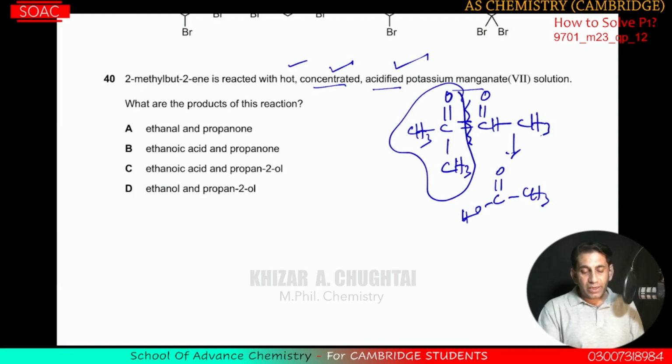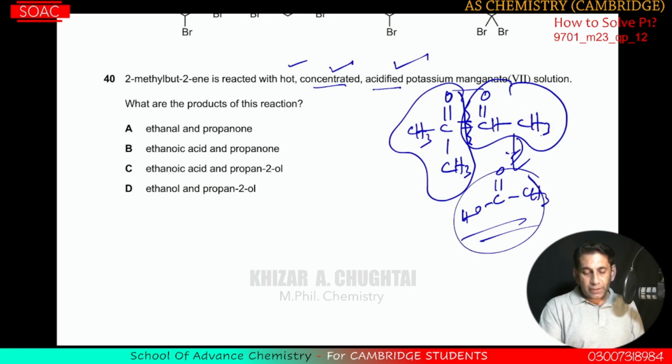It cannot be further oxidized. The aldehyde can be oxidized into carboxylic acid. So one is the carboxylic acid finally, and one is the ketone: ethanoic acid and propanone. B is the correct option.